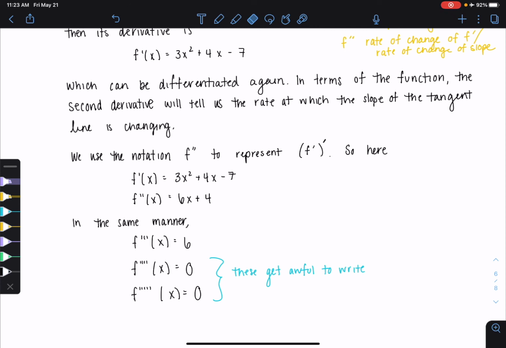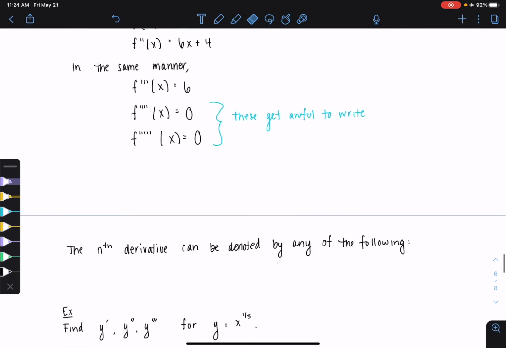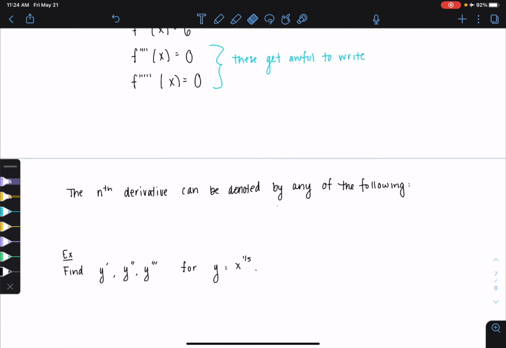So we have a different notation when we talk about these higher order derivatives than just the primes, just for simplicity and to keep things clean. If I want to take the nth derivative, instead of writing n tick marks, we're going to use an n in parentheses to indicate that number. Or same thing, you can do y to the (n), but the n has to be in parentheses.